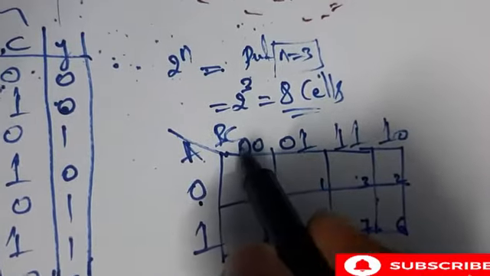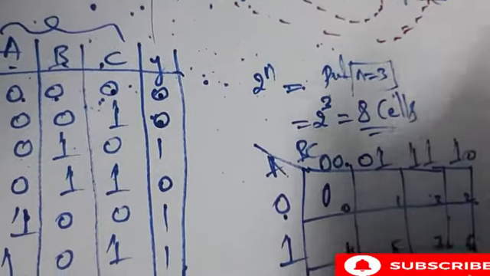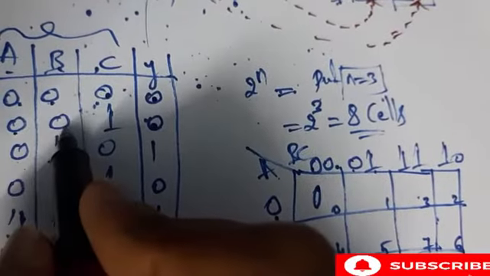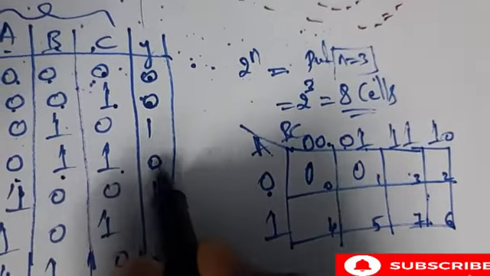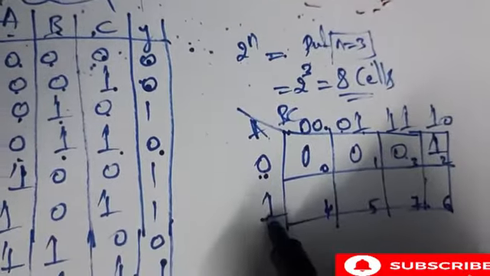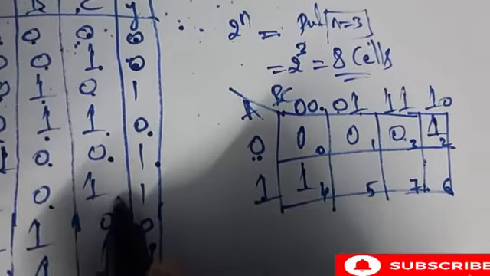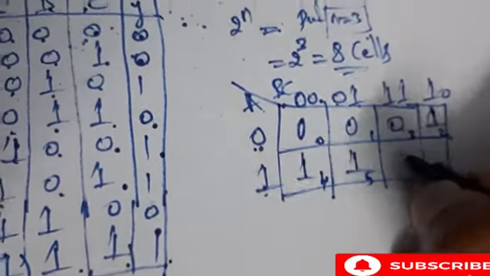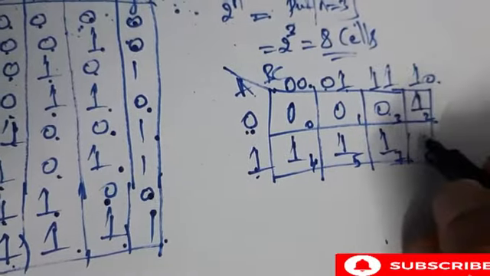Here you can observe 0 0 0 means you will get the output 0. 0 0 1 means output 0. 0 1 1 means output 0. 0 1 0 means output 1. 1 0 0 means output 1. 1 0 1 means output 1. 1 1 1 means output 1. 1 1 0 means output 0.